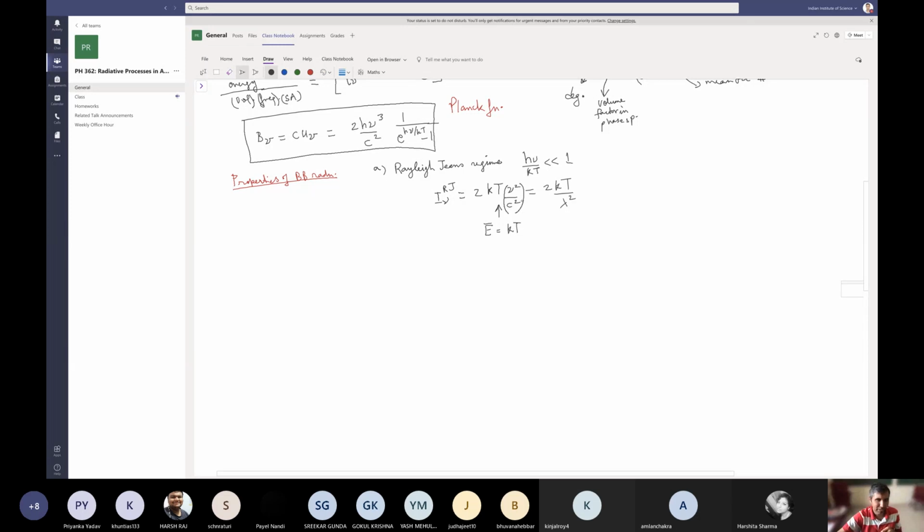So you have this formula, but the problem with this is that as you go to higher and higher frequencies, it goes like nu squared, and there is a UV catastrophe.